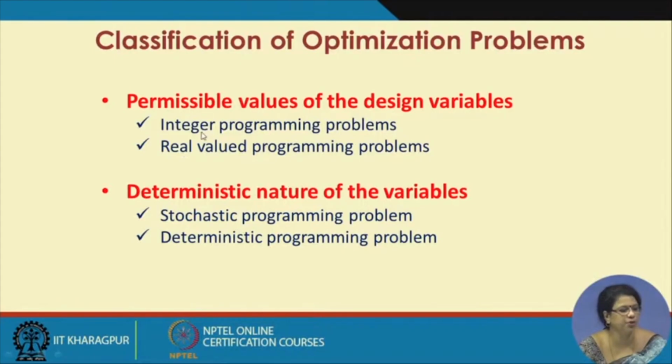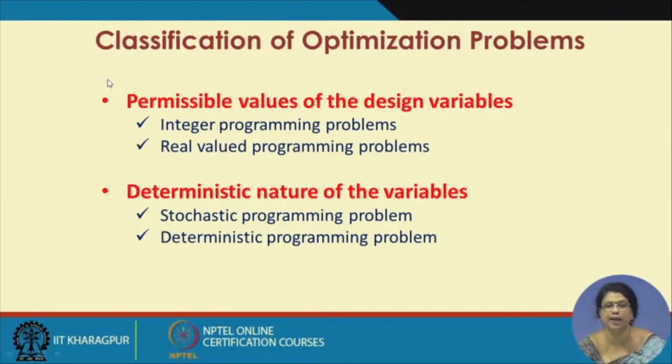That is why you need to learn how we deal with optimization models that are of non-linear type and where only integer values of the design variables are permissible. It may happen that we have an optimization model with a combination of integer and real values. That also you need to know.